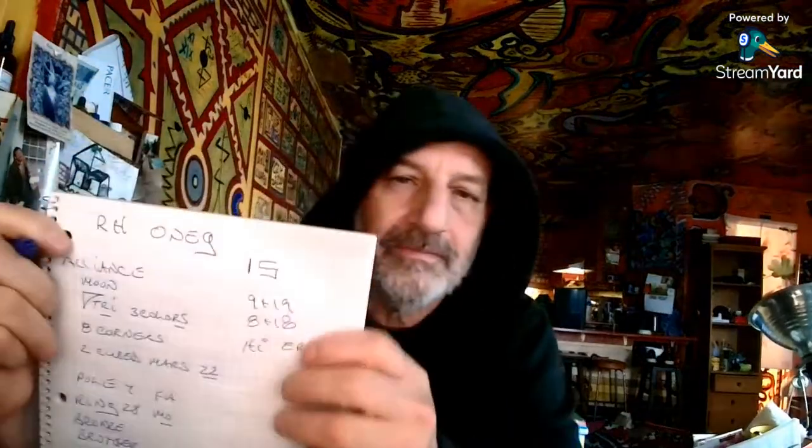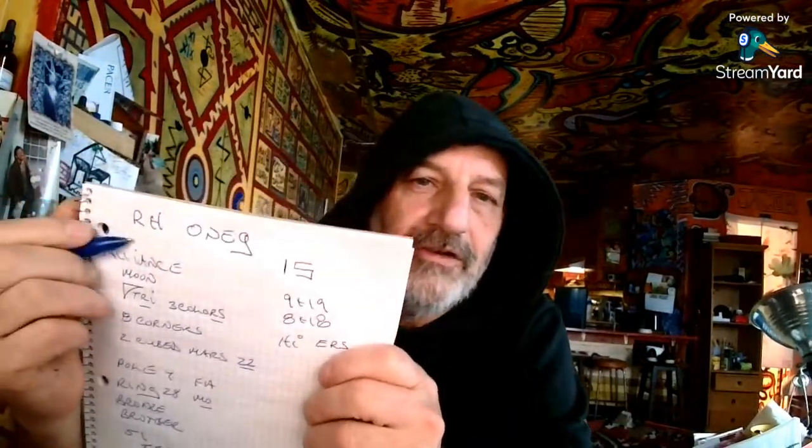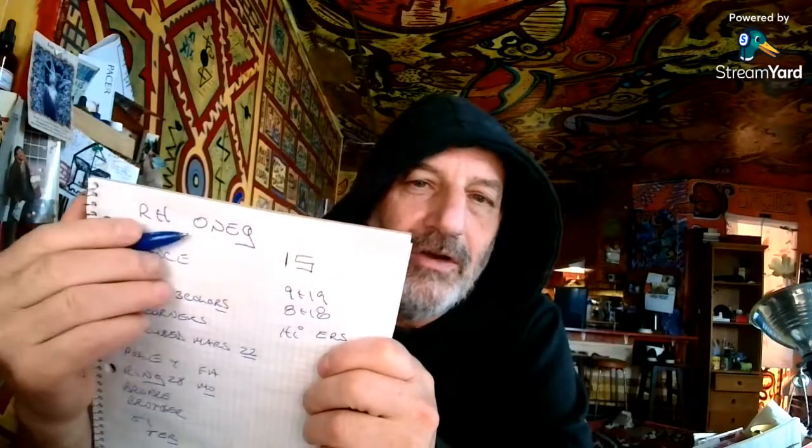So we were just speaking about the alliance, the RH negative, and we were speaking about the I and the S coming together. Here is your RHO negative.